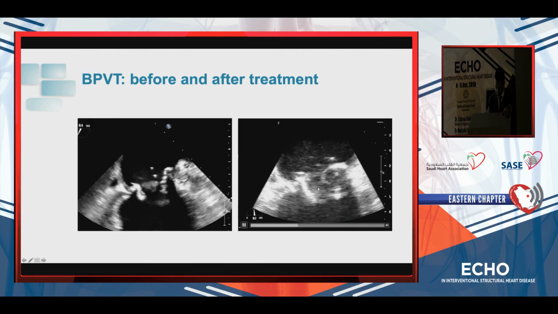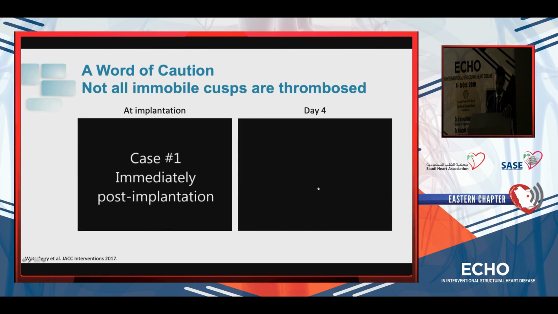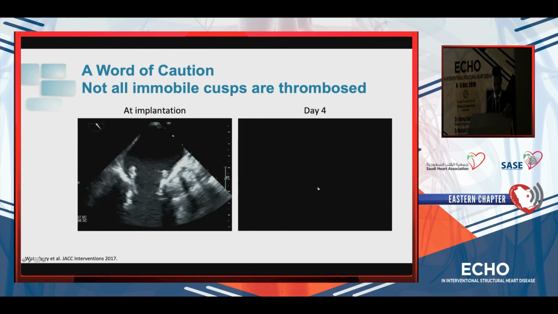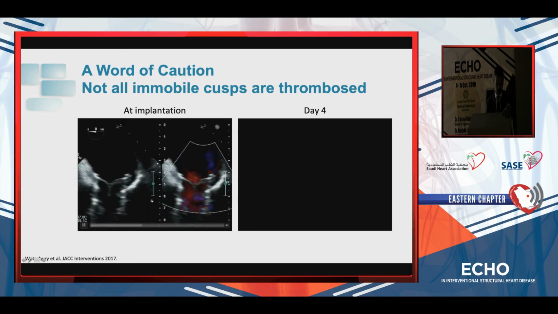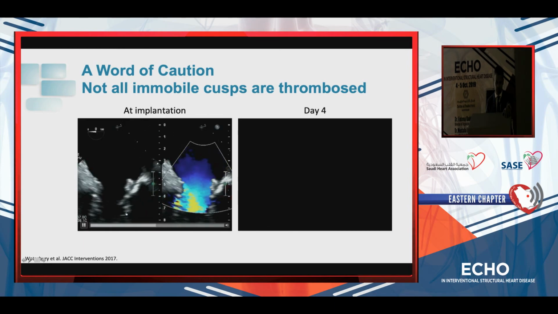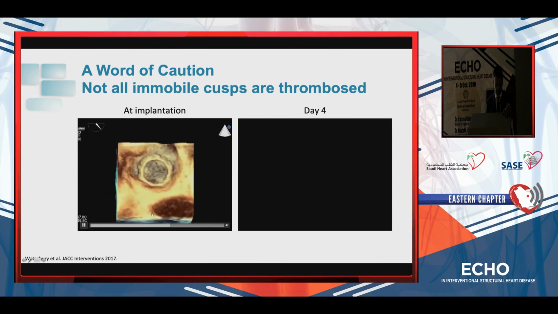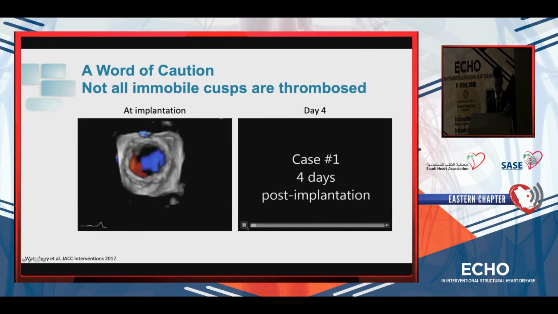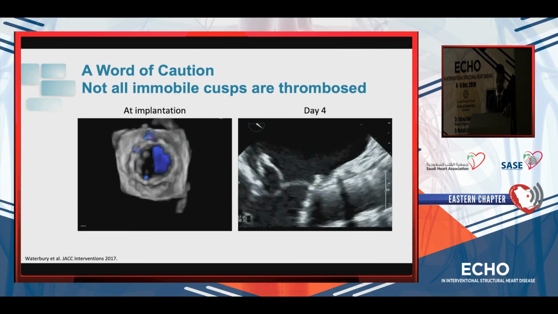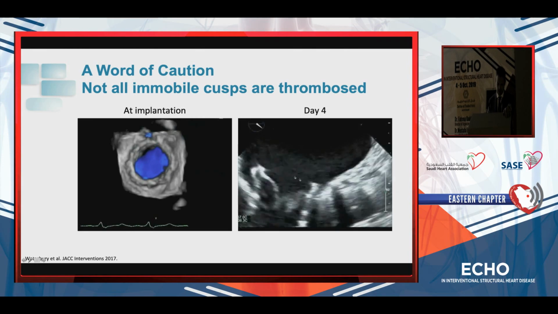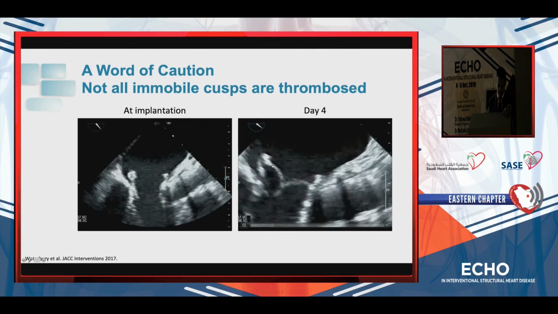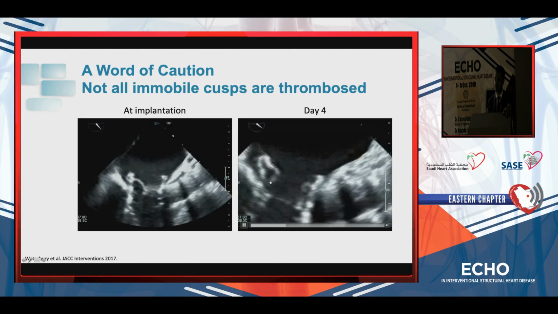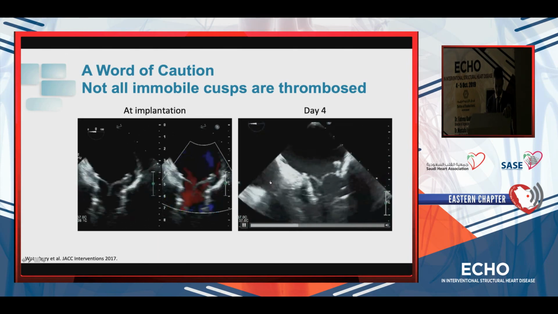But a word of caution: not all immobile cusps are thrombosed. This is after implantation in the OR, and we can see normal movement of these leaflets, nicely shown also on 3D. But if you go to day 4, only 4 days post-operative, the leaflets are not thickened, but you can already see something is happening here, so it's not that mobile anymore.